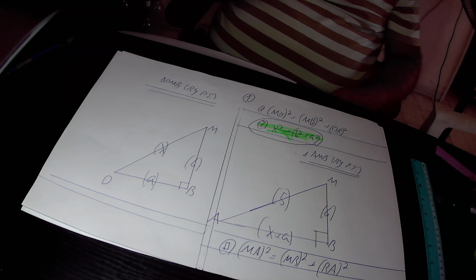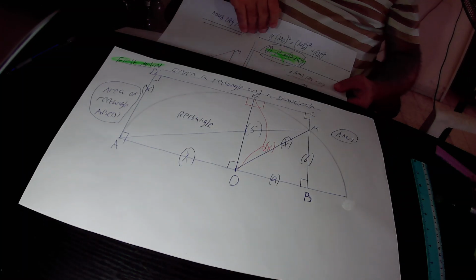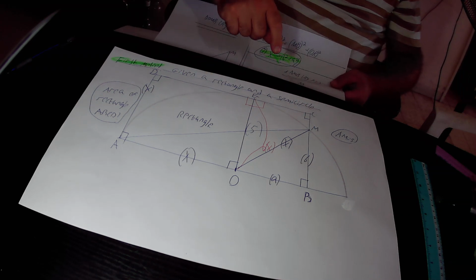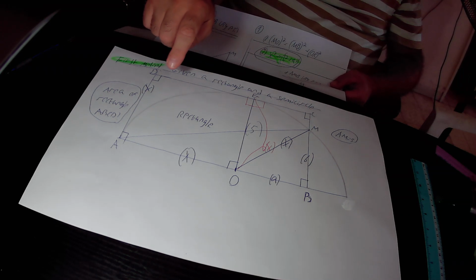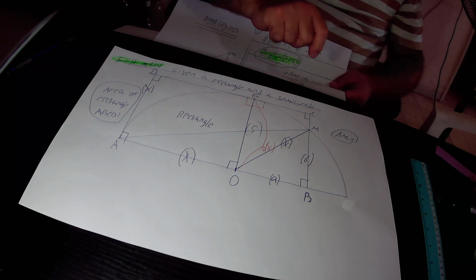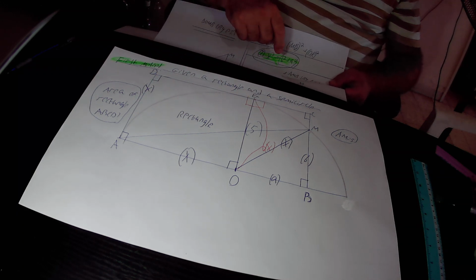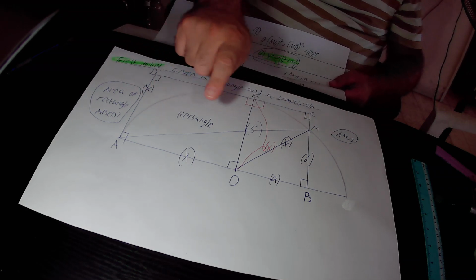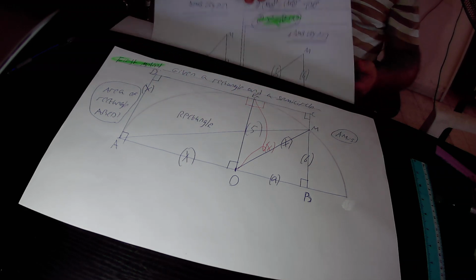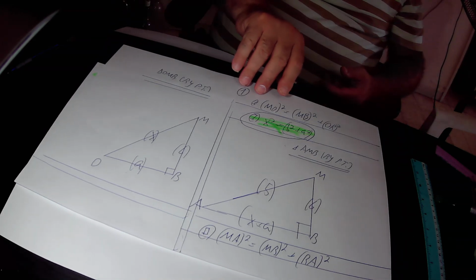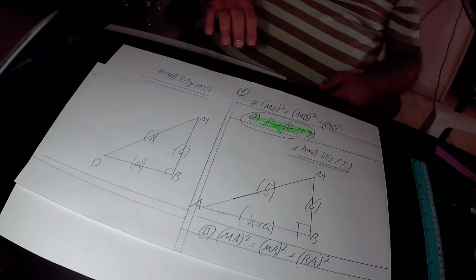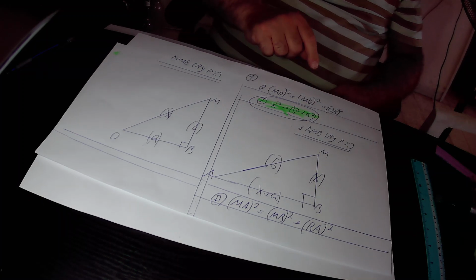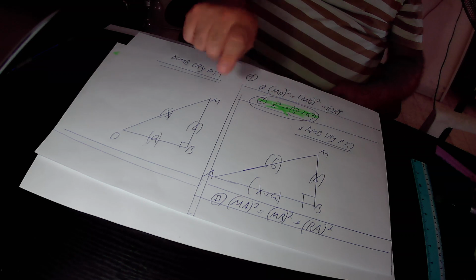In the next step, I copied the big right triangle AMB on a new page and we implemented the Pythagoras theorem on this right triangle AMB. The hypotenuse AM equals 5 units in its length according to what is given in the question. Side MB equals B and side BA in total equals X plus A. According to the Pythagoras theorem, in this right triangle AMB, AM squared, that is the square of the hypotenuse, equals MB squared plus BA squared.